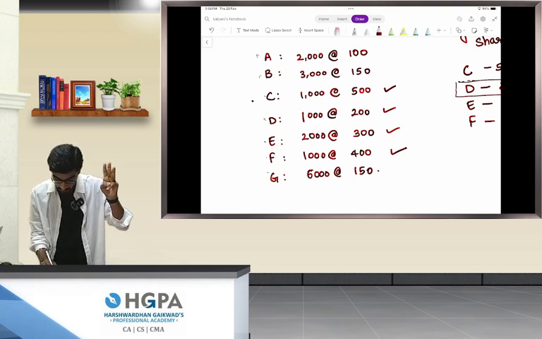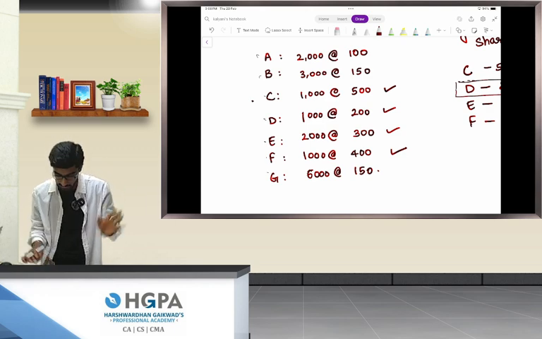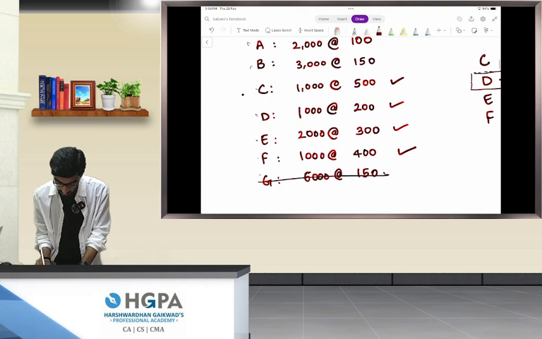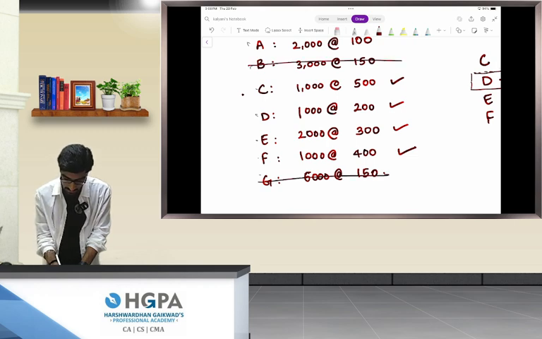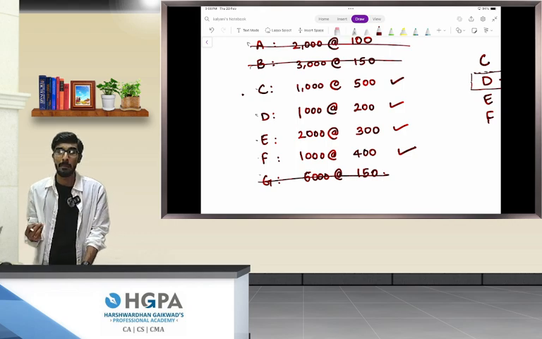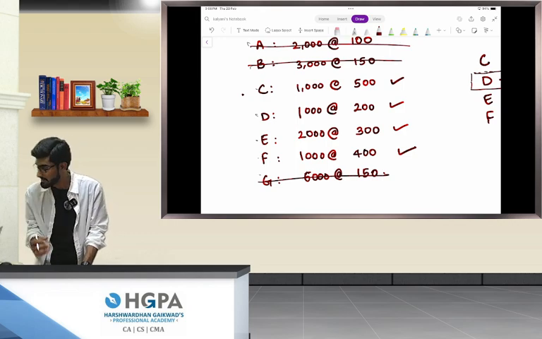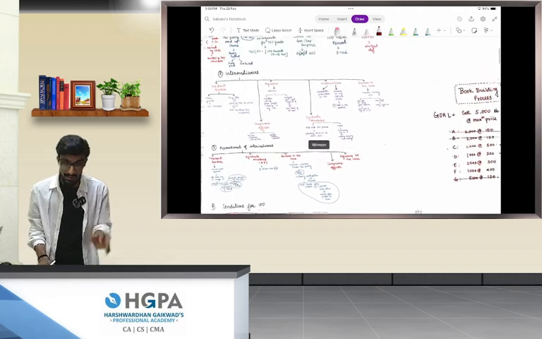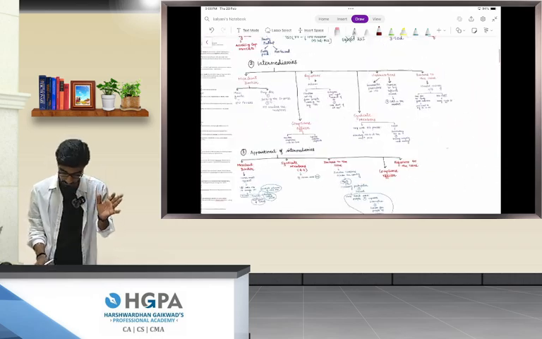Next, E wants to purchase 2,000 shares at rupees 300, 1,000 shares are remaining. F can purchase 1,000 shares, remaining, done. So they will not receive the shares because they submitted low pricing bids. Clear? This is called the book building process.